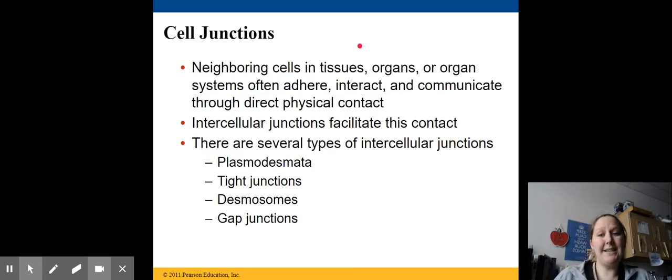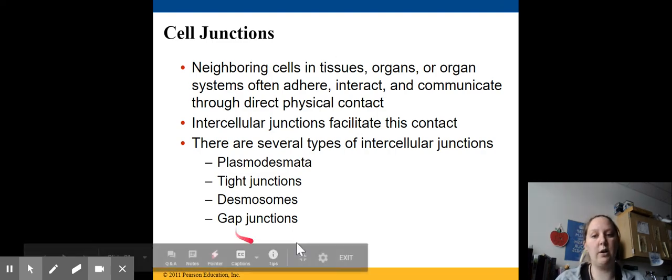We're not going to get crazy into cell junctions, but cell junctions are how cells communicate between cells of both like and unlike characters. There are a lot of different types of cell junctions.